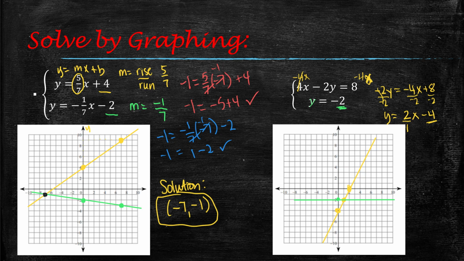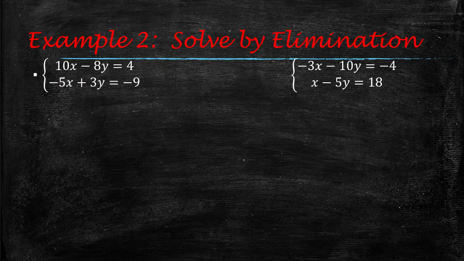And you're going to see that they cross right here at 1, negative 2. Now we're going to trust that that is the solution, but again, you could plug it in to make sure that that works in both of your equations.